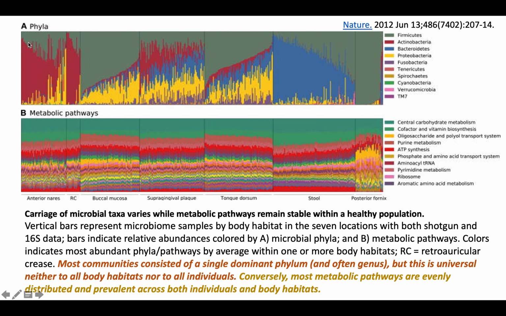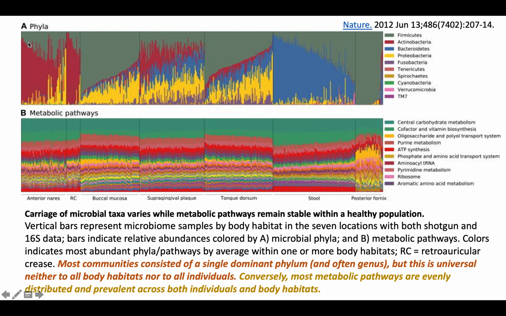So it is showing you that even though at each source there may be different phyla, they will carry on the same metabolic processes. It doesn't depend on where that is, okay? And what are some of those metabolic pathways?